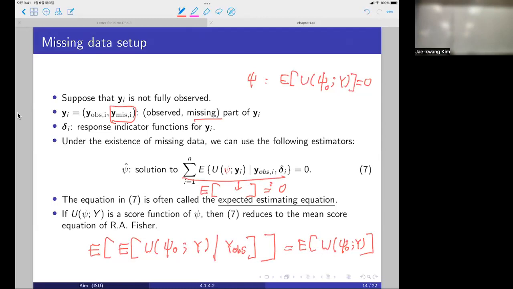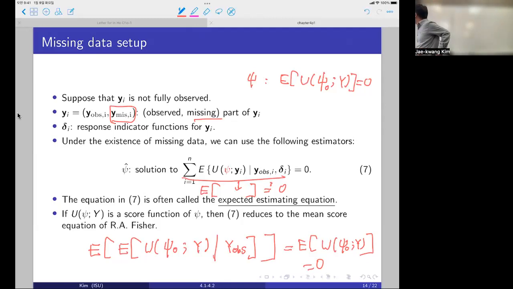So this is equal to this, and this one is 0 by definition of P0. So this is a valid estimating function as long as you correctly compute the conditional expectation.